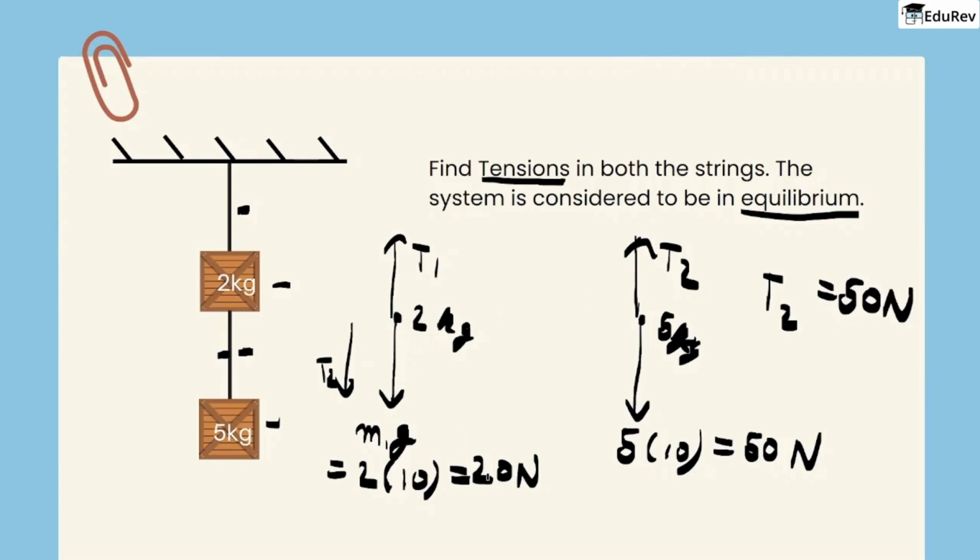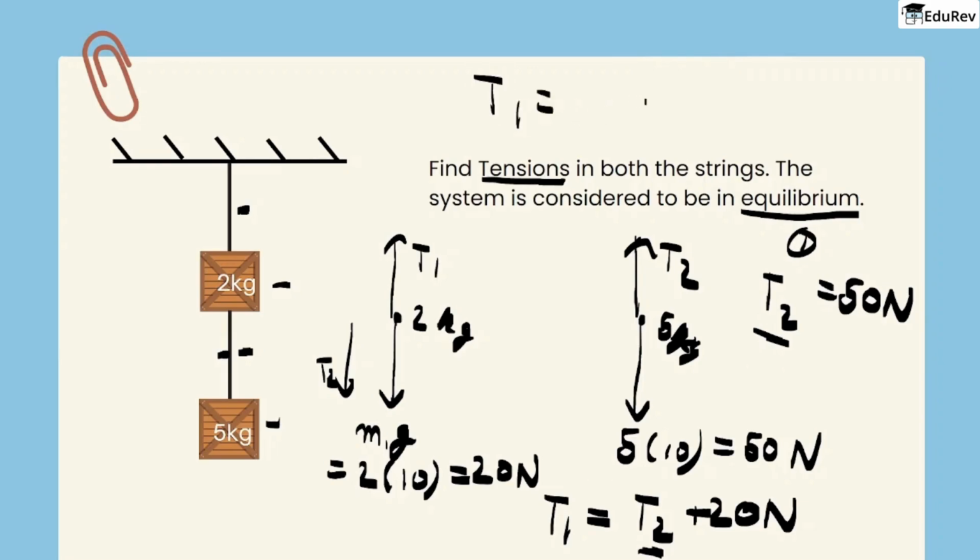And for the first box, the equation we get is T1, which is in upward direction, is equal to T2, which is in downward direction, plus 20 newtons, which is again in downwards direction. So from equation 1, we put the value of T2 in equation 2. So we get T1 is equal to 50 plus 20 newtons, which is 70 newtons. So T1 comes out to be 70 newtons.